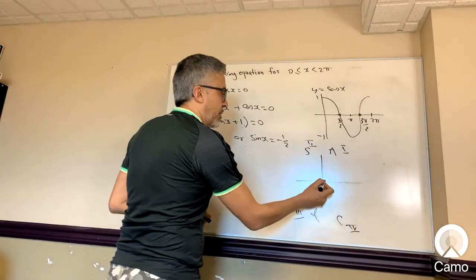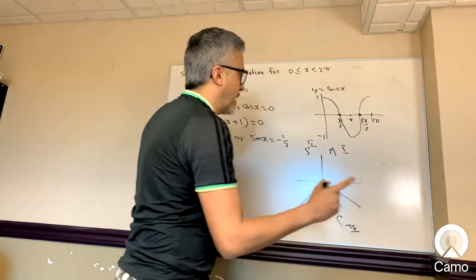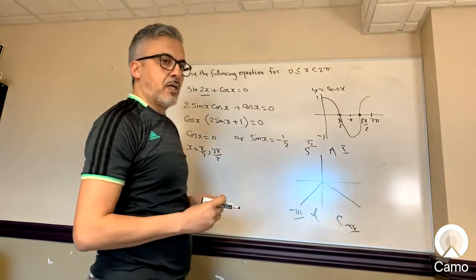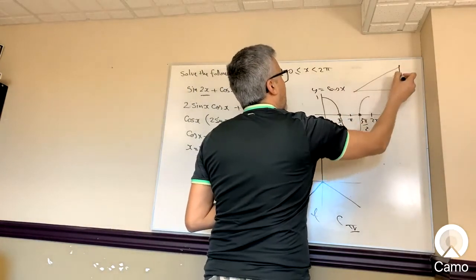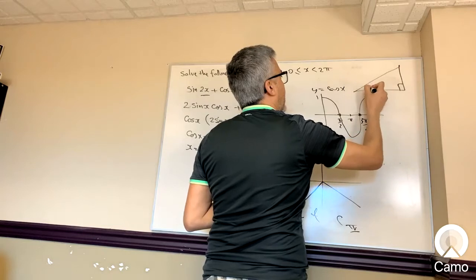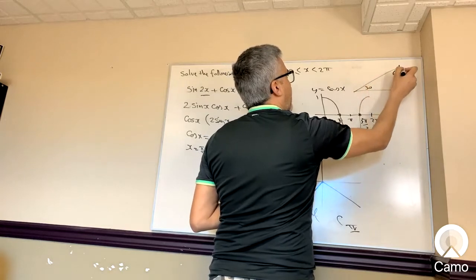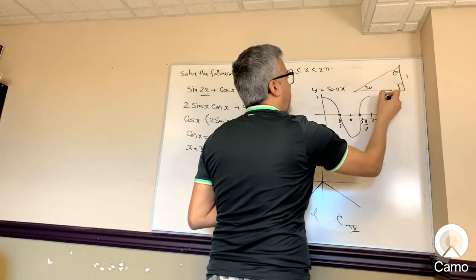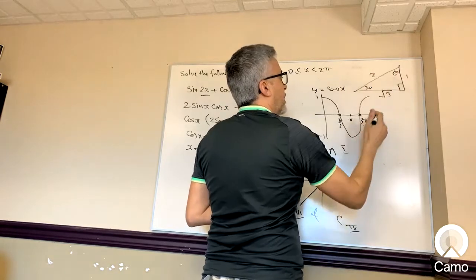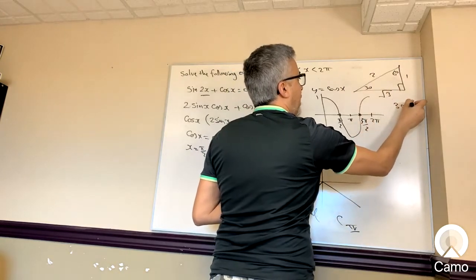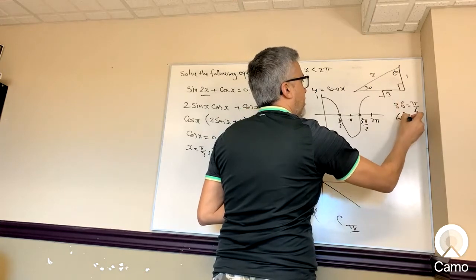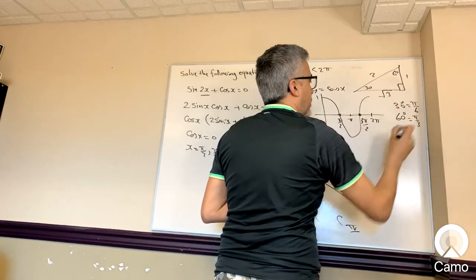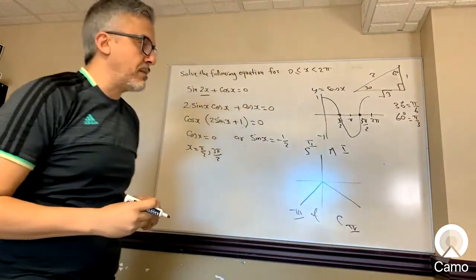It has to be in the third and the fourth. Also, what you have to remember for this is your special angle triangle, the 30, 60, 90, and that's 1, √3, 2. Now remember 30 degrees is pi over 6, and 60 degrees is pi over 3. So just converting from degrees to radians.